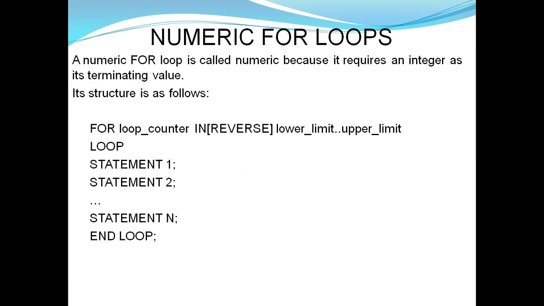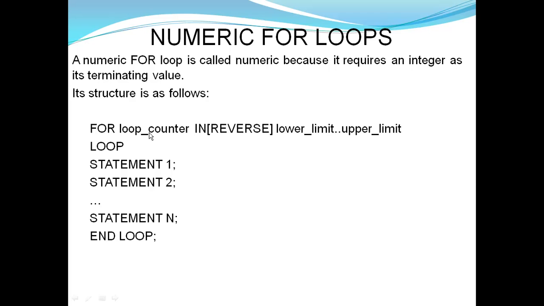Now, in the numeric for loop, we have seen in our example that we were doing manual incrementation. Instead of that, we can define a limit. We can say for loop counter in, with reverse as an optional keyword, 1..10.